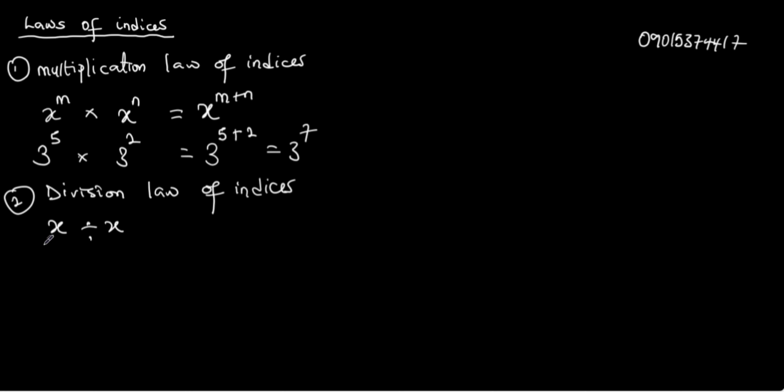So I have a base dividing that exact base, both of them having their various index. The result is one of the bases, and then you subtract their indices. So for multiplication, you pick one of the bases and add their indices, while for division, you pick one of the bases and subtract their indices.